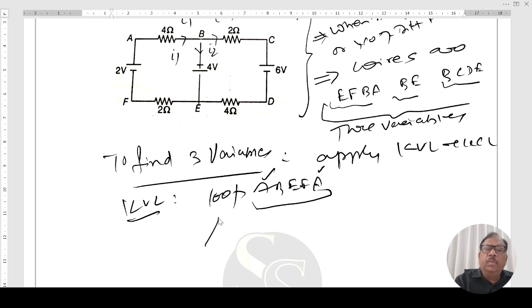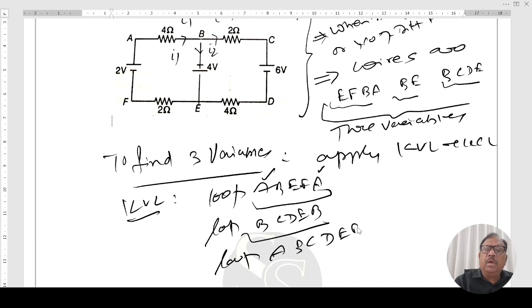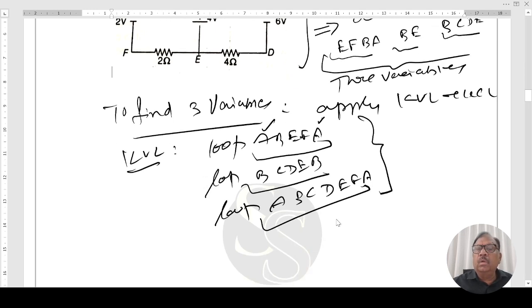Then we can apply loop B, C, D, E, B. Or we can apply the loop A, B, C, D, E, F, A, the bigger loop.